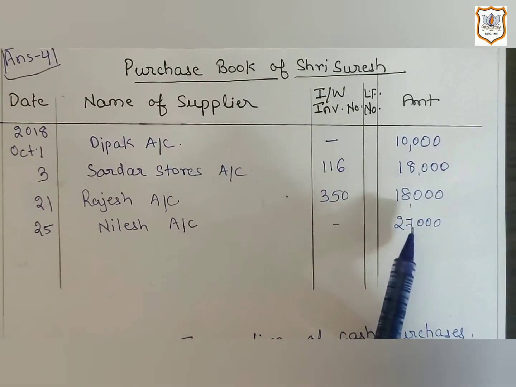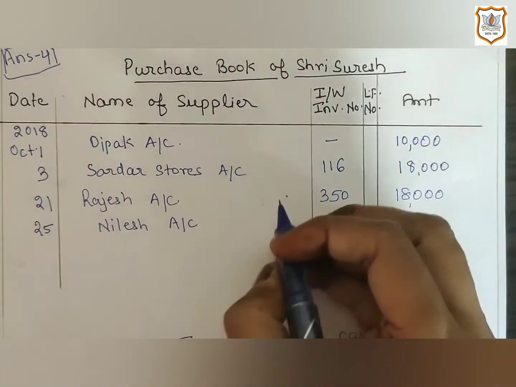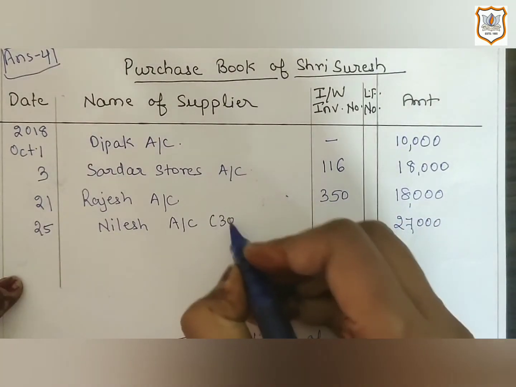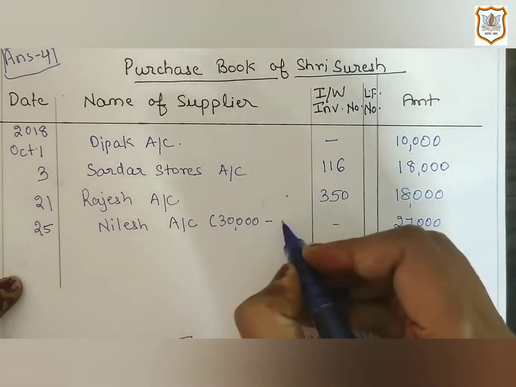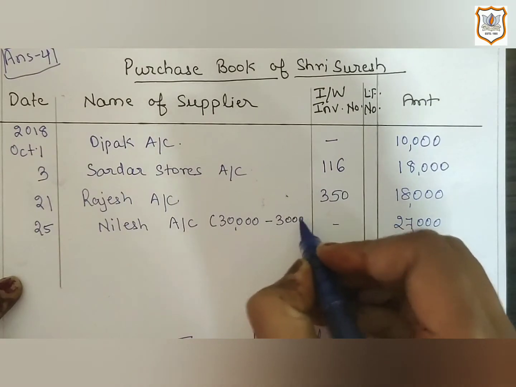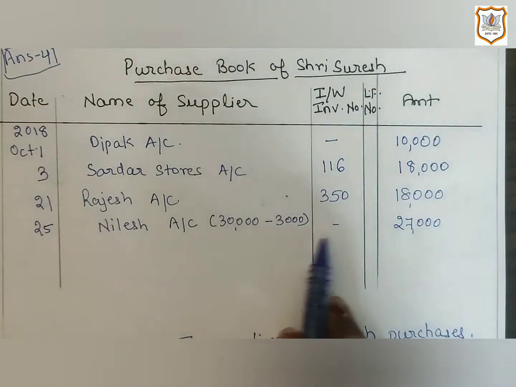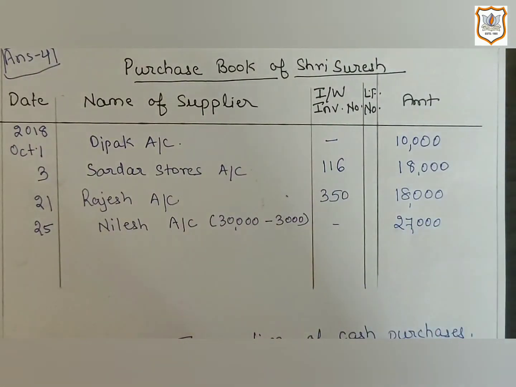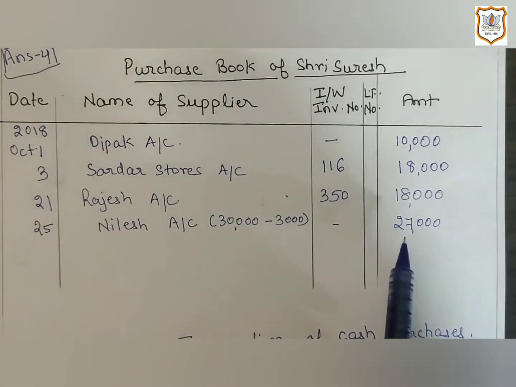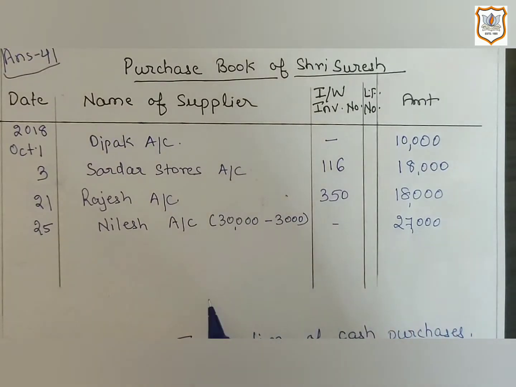That means the amount which is arrived at after deducting trade discount. That means 30,000 minus trade discount 3,000. So we get 27,000. That means we have to pay 27,000 to our supplier.